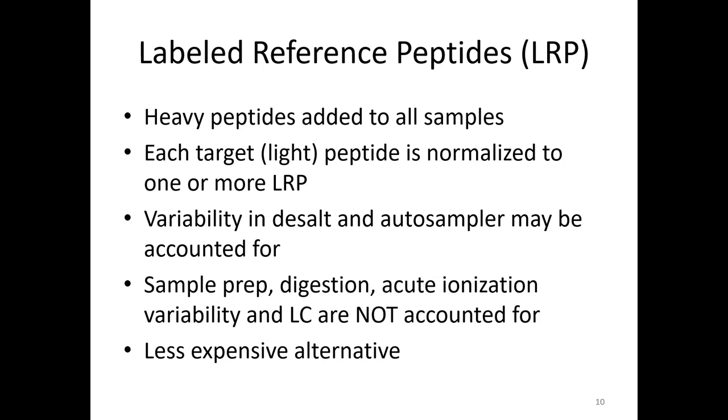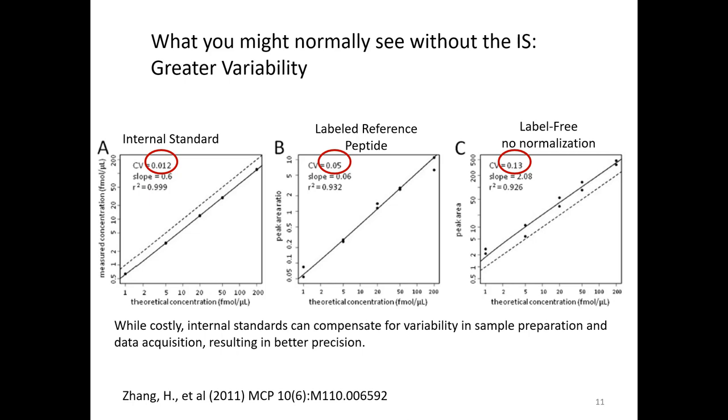This helps minimize the variability. Depending on where you add them in, it could be variability due to desalting, autosampler, MS, and so on. It's a less expensive alternative, but still, it's not perfect.